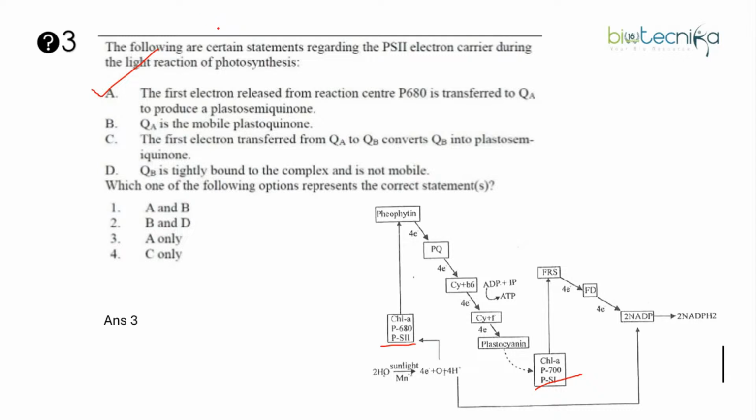So this is also known as your non-cyclic electron transport. So you have QA, QB here. These are known as your plastoquinones.